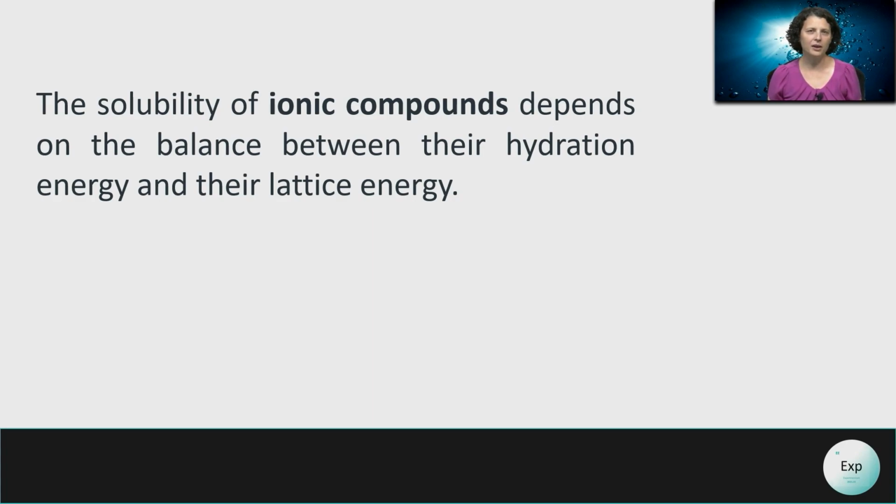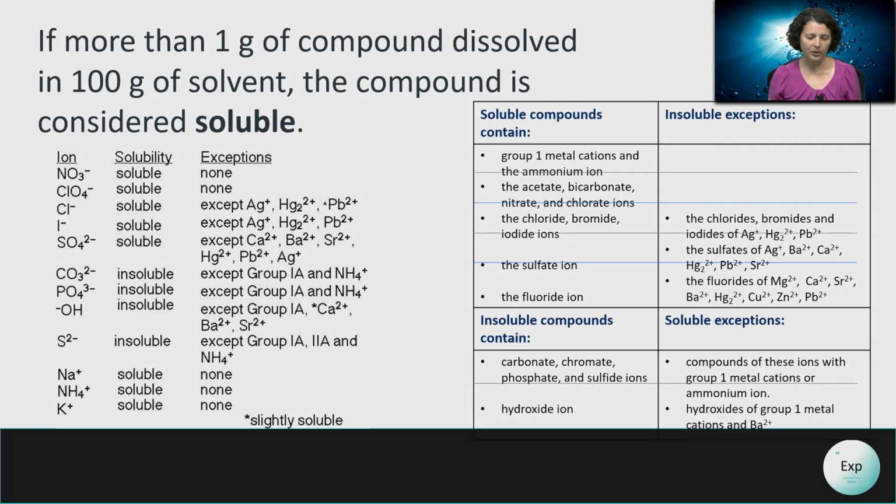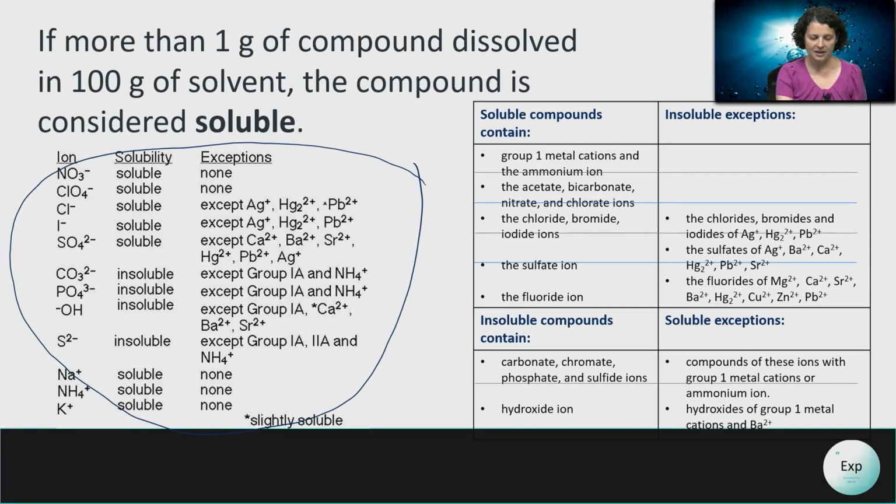The solubility of ionic compounds has been studied for a very long time, and these days it is very common to find that information tabulated in various forms of the solubility table. And here are some examples of the solubility table. It could be just a list that follows the same pattern that says these compounds are soluble, and when something isn't, then that goes in the exceptions category.